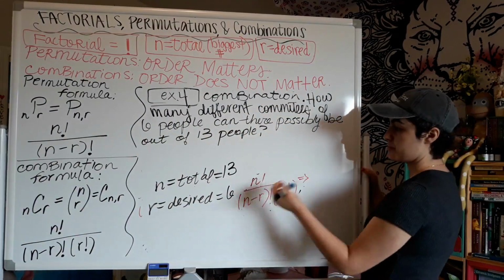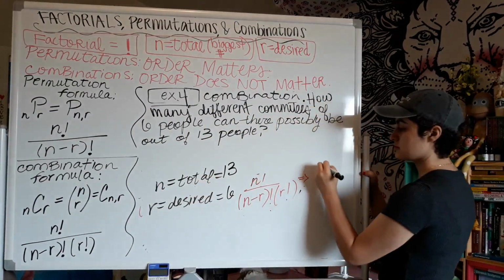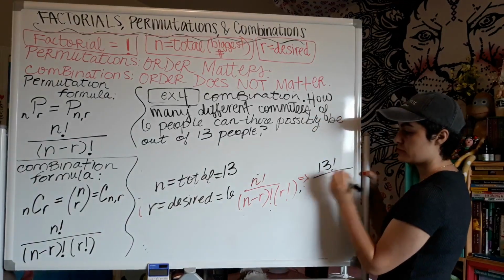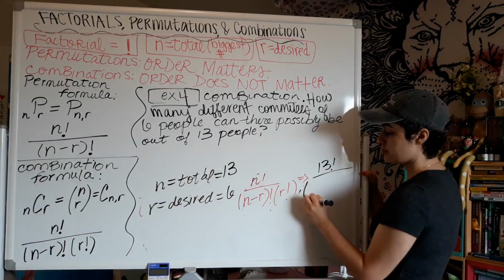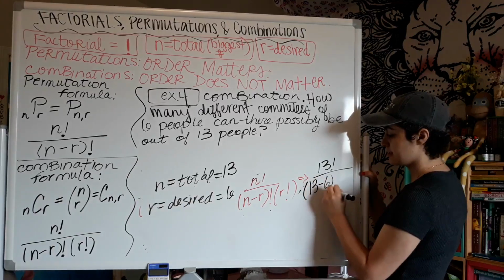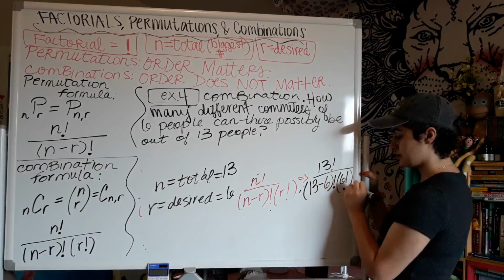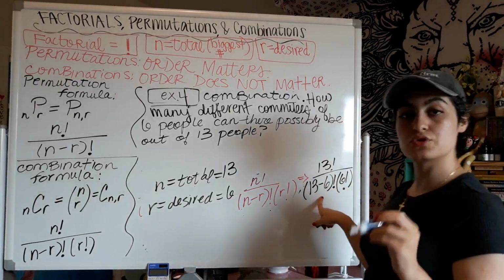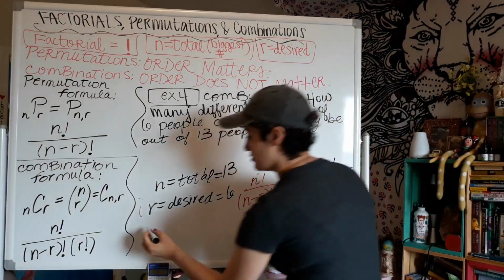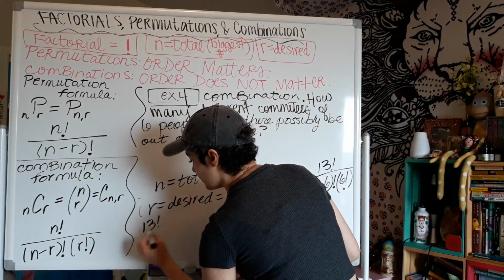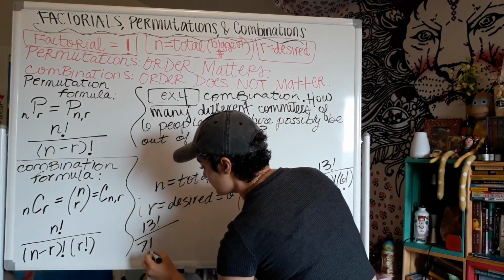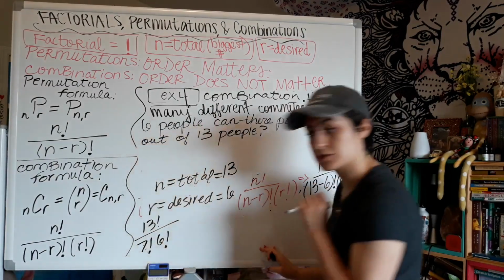I'm just going to plug everything in. N, so 13 factorial over 13 minus 6 factorial, times 6 factorial. Do the subtraction first: 13 factorial over 7 factorial times 6 factorial.